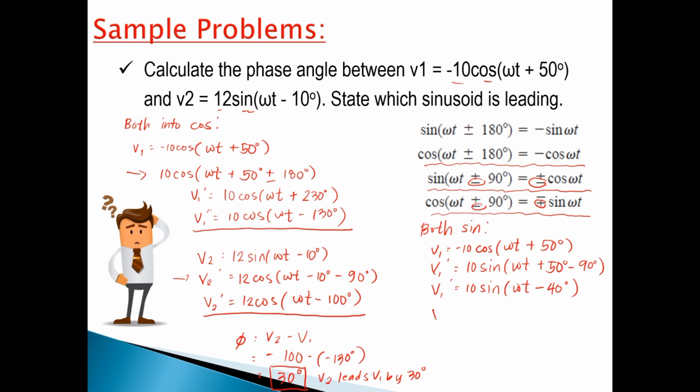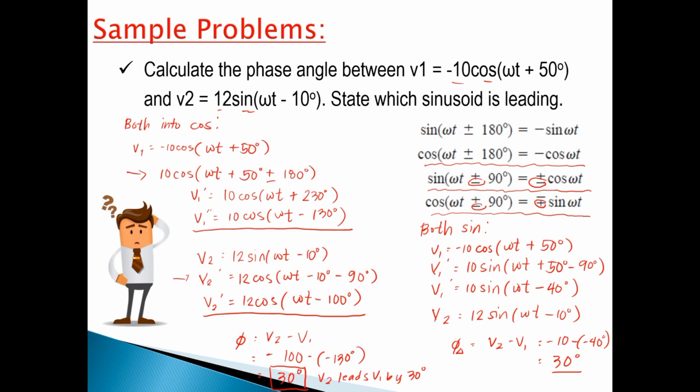Then our V2 equals 12 sine of omega t minus 10 degrees. So our V2 phase angle is still greater than V1. So our phase difference equals V2 minus V1: negative 10 minus negative 40 degrees, that's equal to positive 30 degrees.